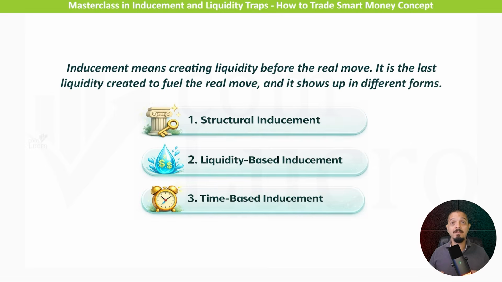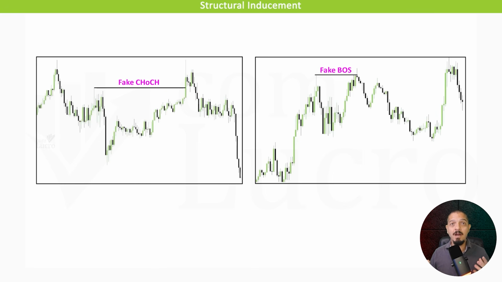Let's continue. At its core, inducement means creating liquidity before the real move. It is the last liquidity created to fuel the real move, and it shows up in different forms: structural inducement, liquidity-based inducement, and time-based inducement. Now, let's start with the structural inducement.